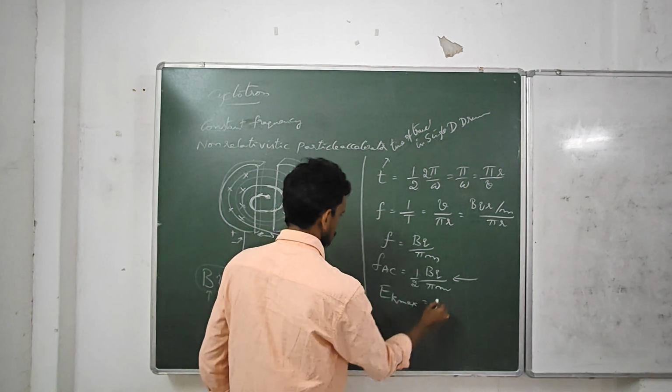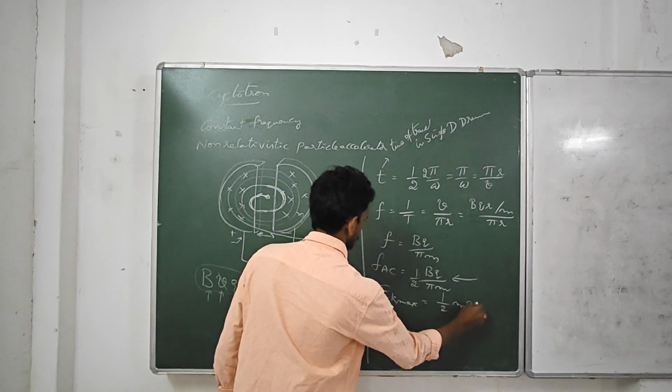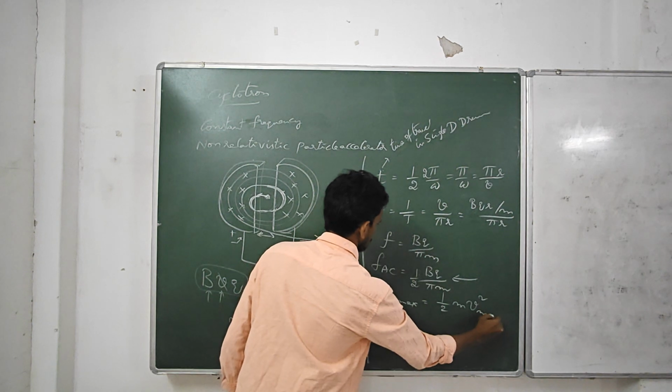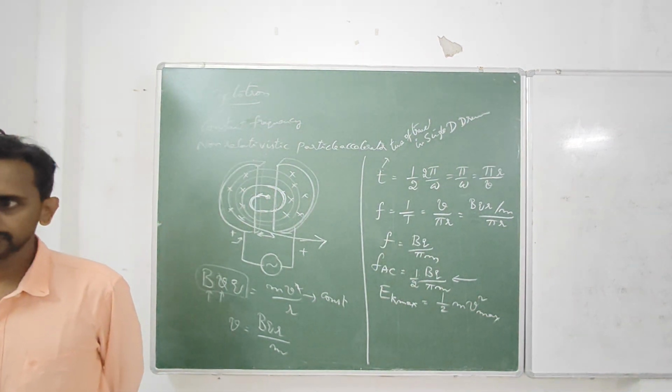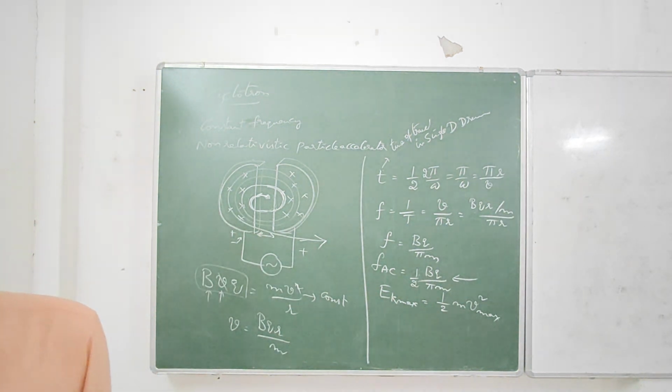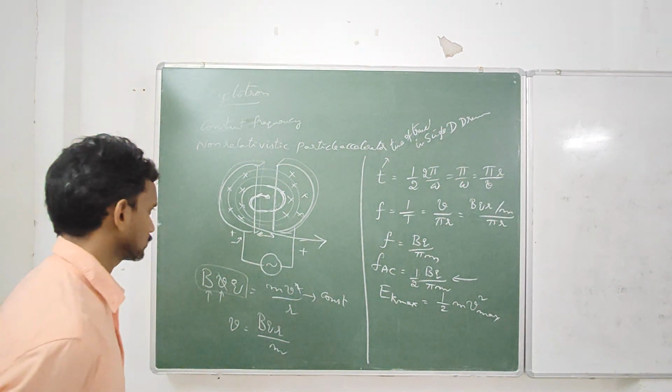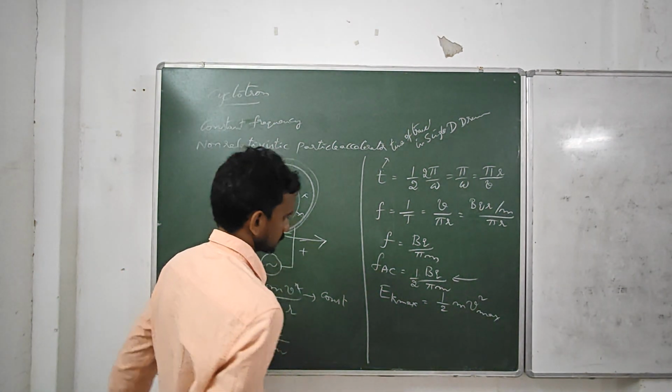E max is equal to half mv square max. So that is the maximum kinetic energy that can be imparted to the particle.